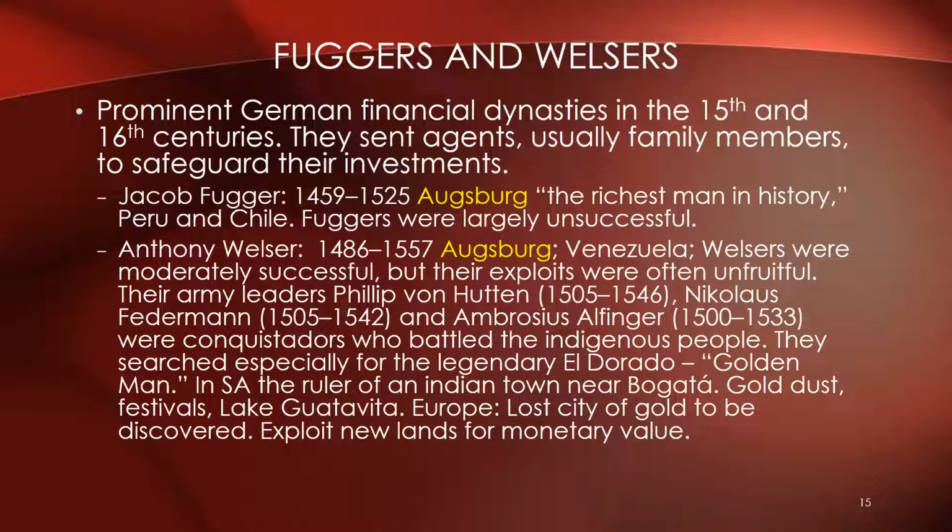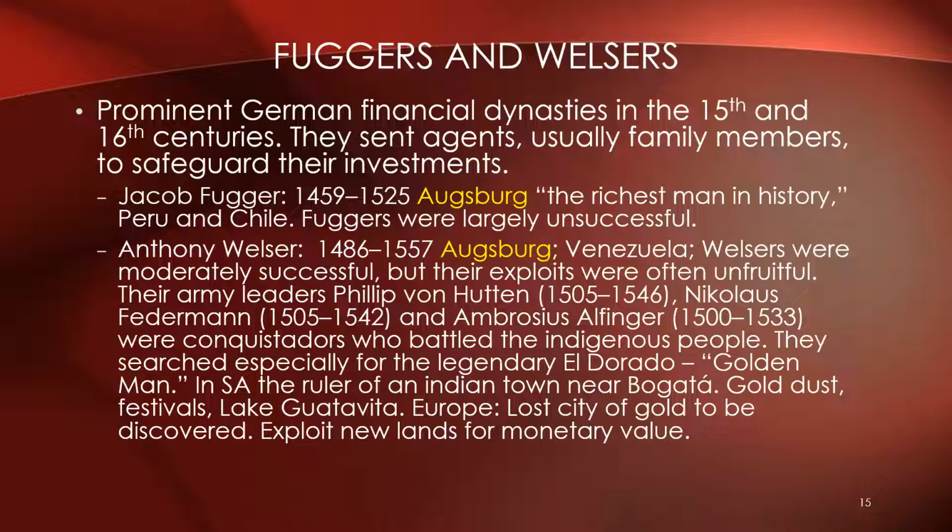The only way Charles V could pay back the debt was to grant those families territories and mineral rights in South America. The Welsers received territory in modern Venezuela, and the Fuggers held land in much of present-day Peru and Chile.